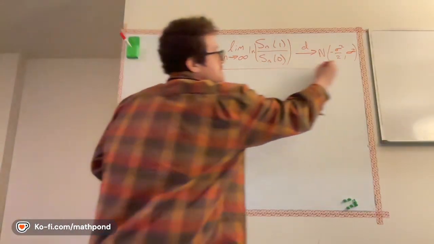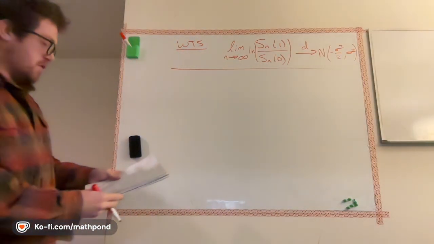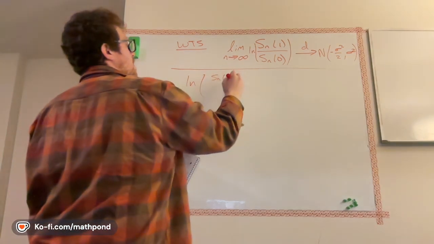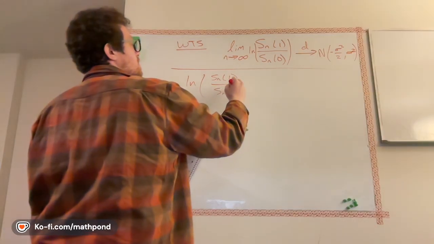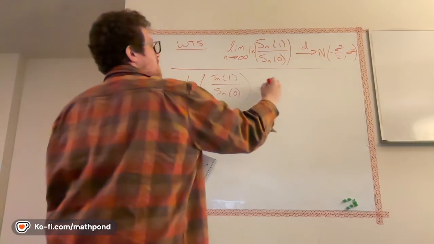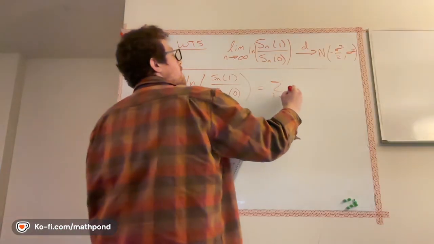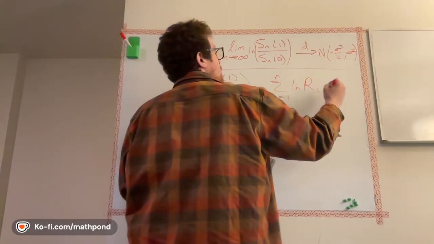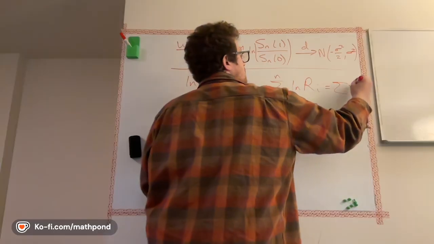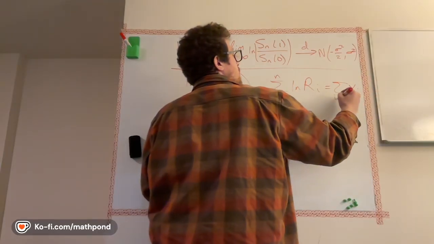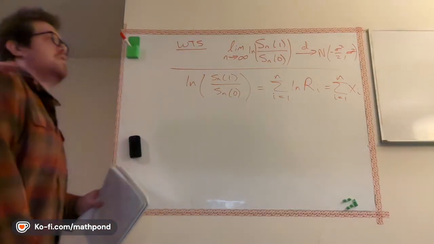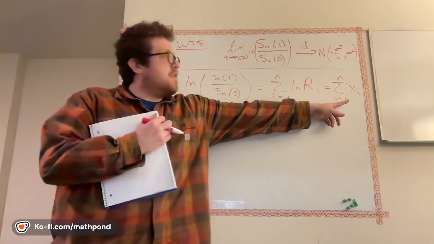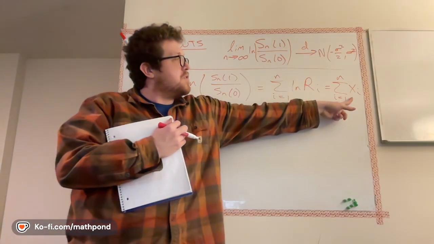Okay, so how do we do this? Again, we're going to use the central limit theorem. We just said that the log of Sn of 1 over Sn of 0, this is a product, this is a sum of a bunch of variables, right? This is the sum of the log of the ri's, or another notation was we just said it's the sum of the xi's. And we just wrote down what the approximate mean and variance was for each xi.